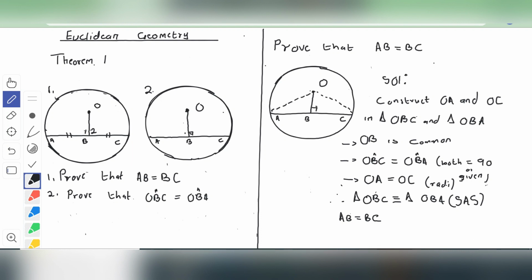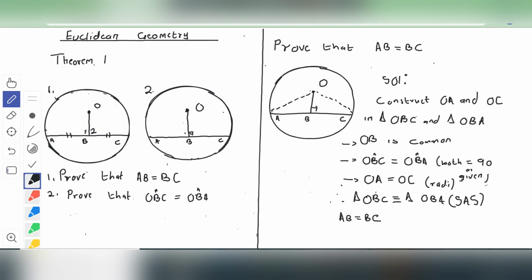So let's say you were required to prove that angle OPC is equals to angle OPA. What you are going to do is follow all these steps, except for where we said OPC is equals to OPA. Because remember now we're proving it, so we are not supposed to include it. Like I said, whenever we prove that OPC is congruent to OPA, we'll be given the first diagram.